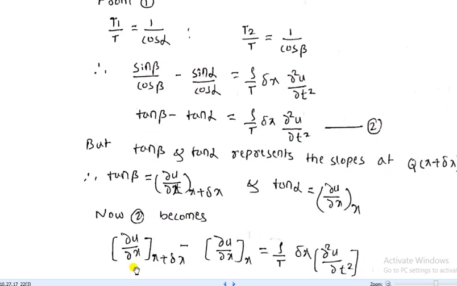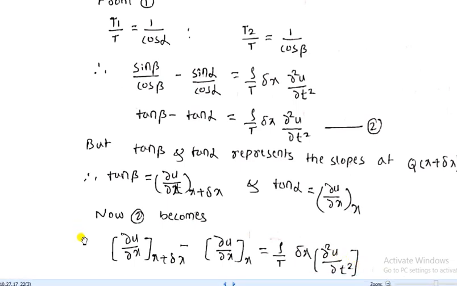The left hand side becomes ∂u by ∂x at x plus delta x minus ∂u by ∂x at the point x, which is equal to rho divided by T delta x into ∂²u by ∂t².